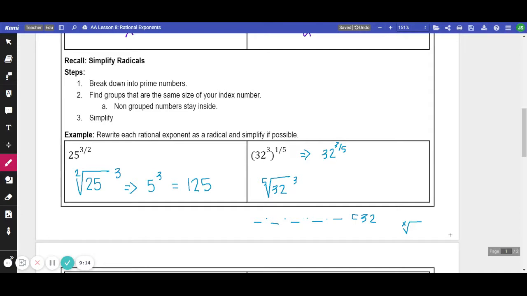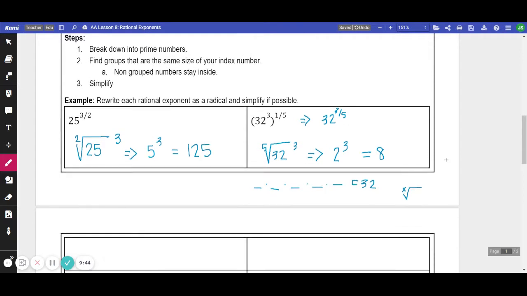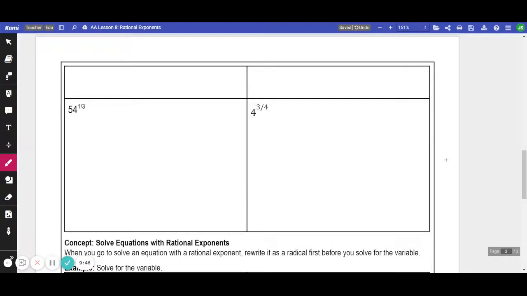I'm not exactly sure what order you do it in. I think you do 5, and then this, and then the 32. Play around with it and figure out how you can get it to equal 2. If nothing else, then ask me in class, and we'll look at your calculator together. So the 5th root of 32, a number that I multiply 5 times to get 32, that's 2. And then I can cube that and get 8. So these have all come out nice, right? Nothing weird. They're all nice whole numbers.